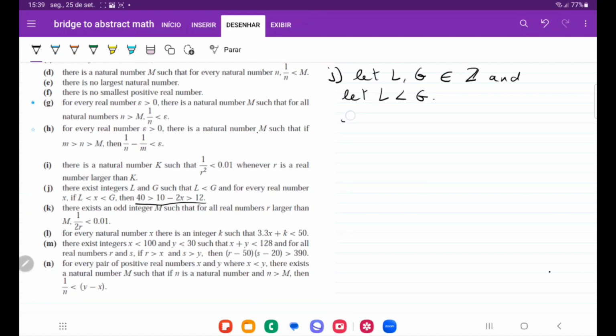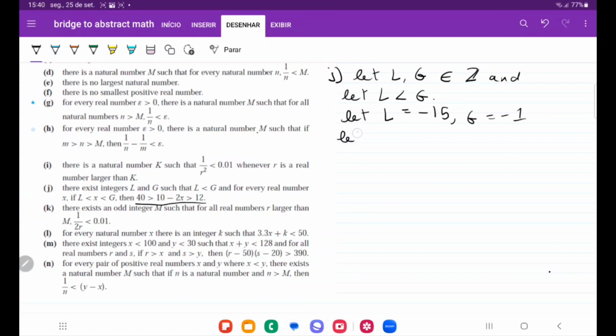Let L be equal to negative 15 and G equal to negative 1. Now suppose that there exists an x between them; then we have to show that this thing here is true.